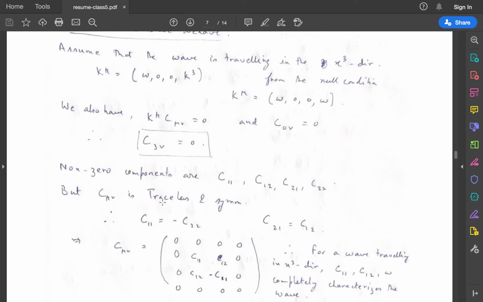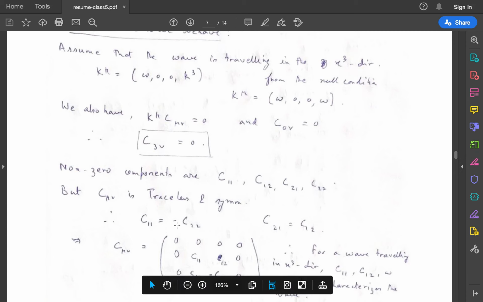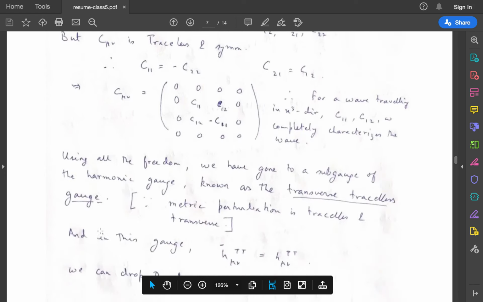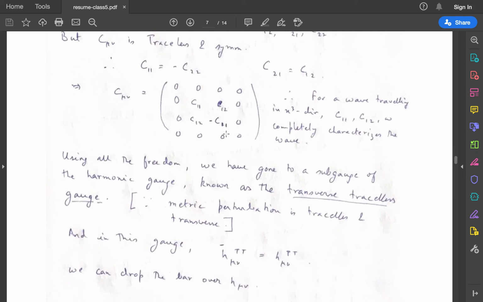But we know that C mu nu is traceless and symmetric. So what we have is C11 equal to minus C22. This we should have, otherwise it will not be traceless. And as it is symmetric, C21 is equal to C12. Therefore, the total C mu nu tensor will look like this, with the rest being 0. There are four components which are not 0, but out of them only two are independent, that is C11 and C12.